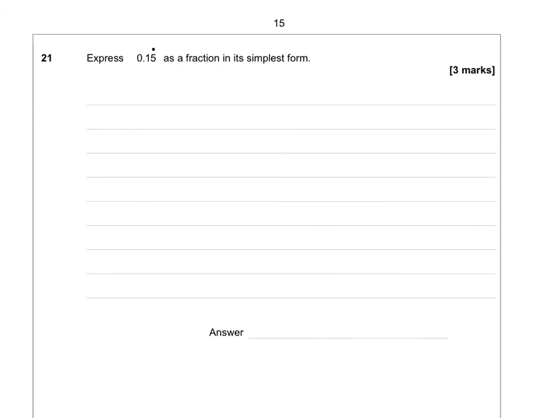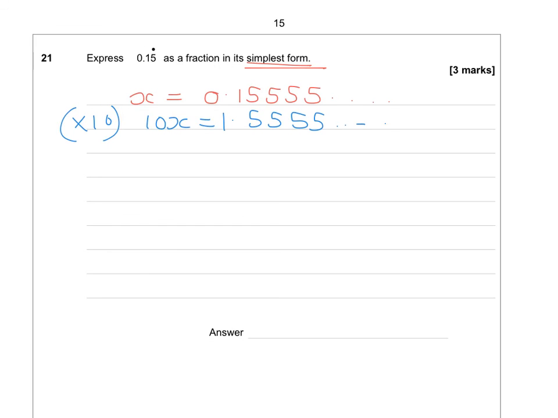Question 21. Express 0.15 recurring as a fraction in its simplest form. Now, first thing, we're going to write out x equals 0.1555... The recurring symbol is only over the 5, not the 1 and the 5. Now, I'm going to multiply this by 10 so that I only have the recurring part after the decimal point, which gives me 10x equals 1.5 recurring as so.